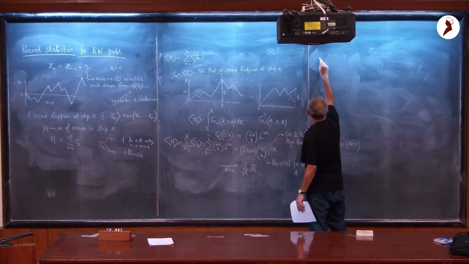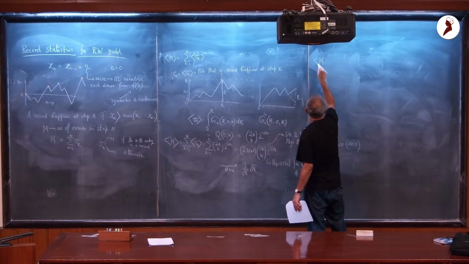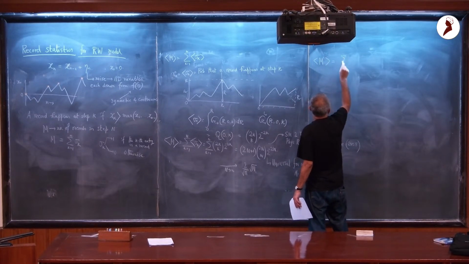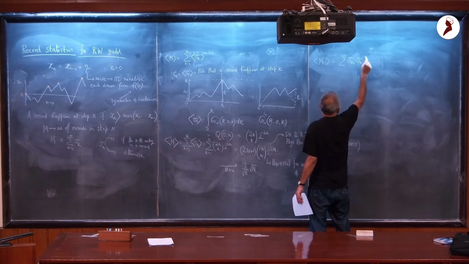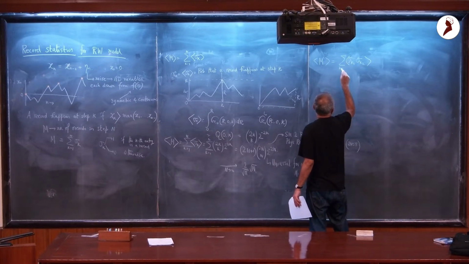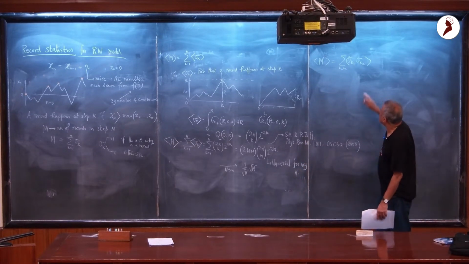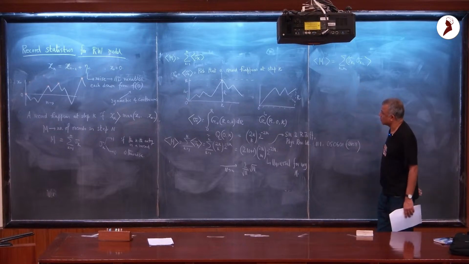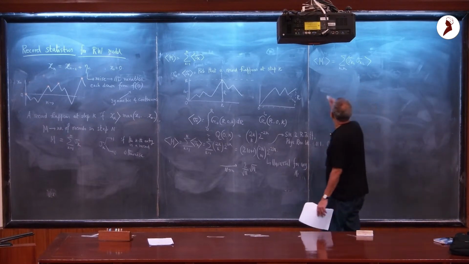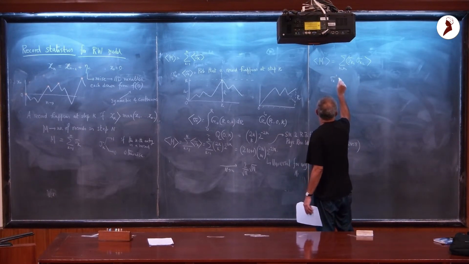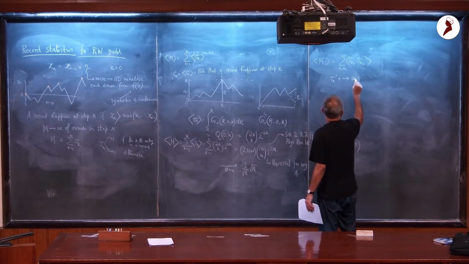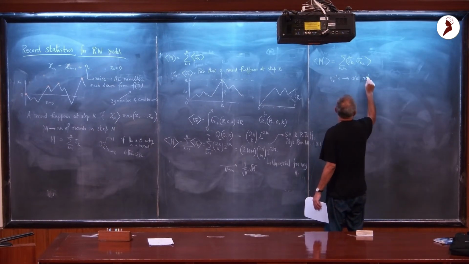So for instance, if I want to calculate this M square, that will be, as before in the IID case, this correlation function. But now it's much harder to compute this correlation function. And in fact, the sigma k's are not independent now.